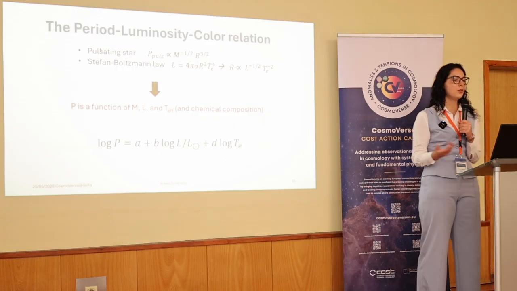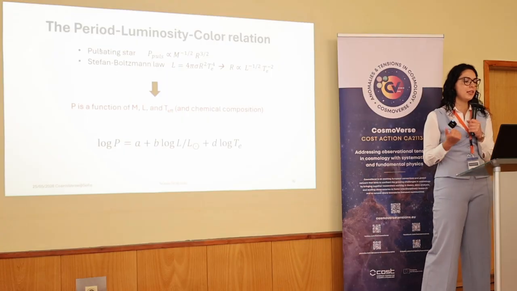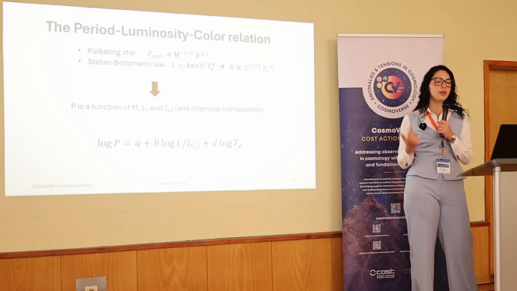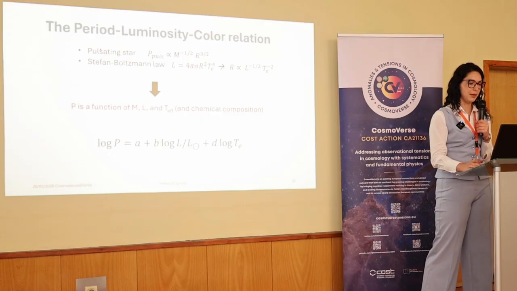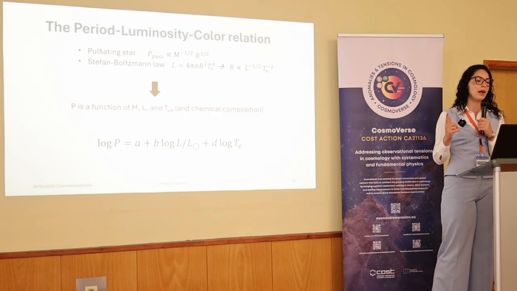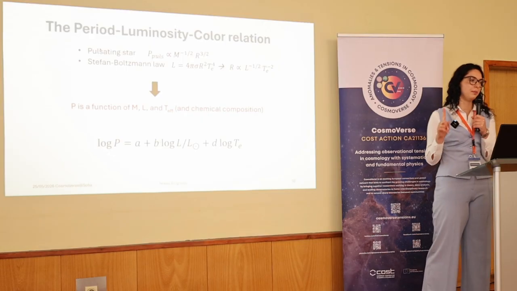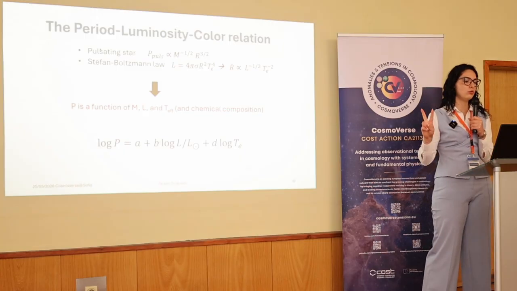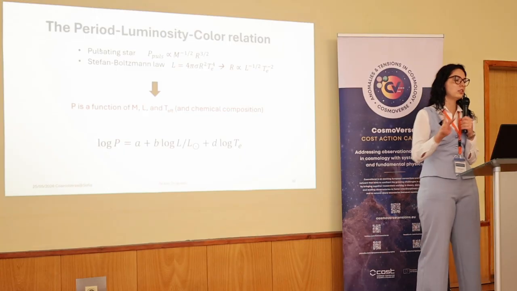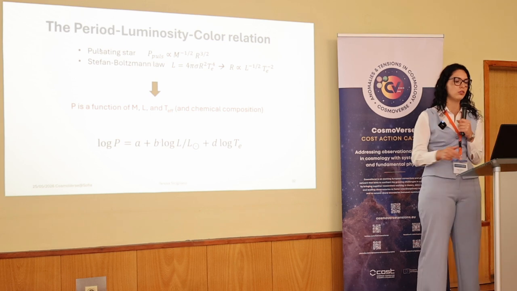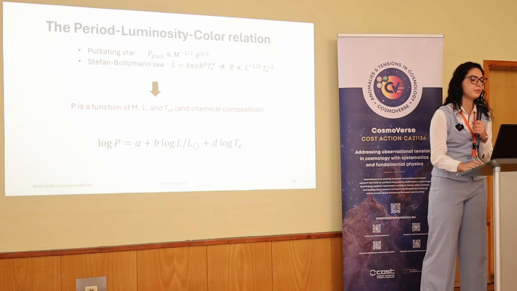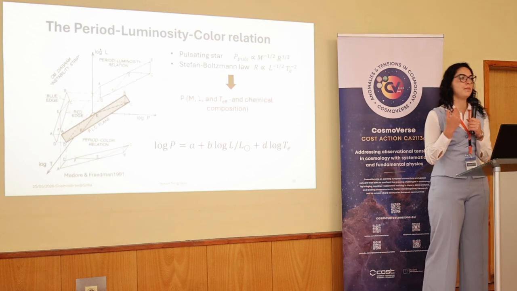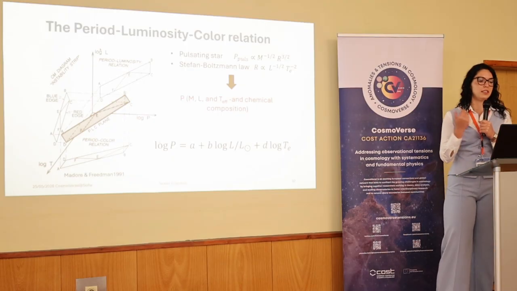And in the end, the period depends on the luminosity and on the effective temperature. So we have one function, the period, that depends on two other variables, the luminosity and the temperature. This means that we can create a plane to observe this relation.